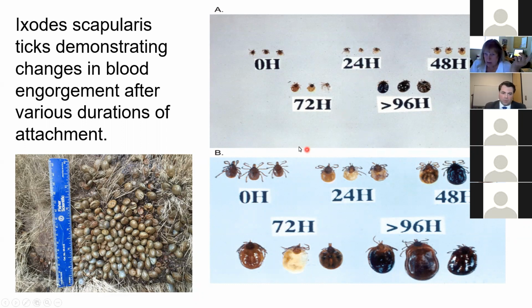The time can be important. And here at the bottom left, this picture is, I believe, a deer, showing all of these ticks that are attached to it. So animals can have thousands and thousands of ticks on them. I think there was a report of an elk or a moose having 90,000 ticks on it or something. It's just incredible how many ticks they can have attached to them.